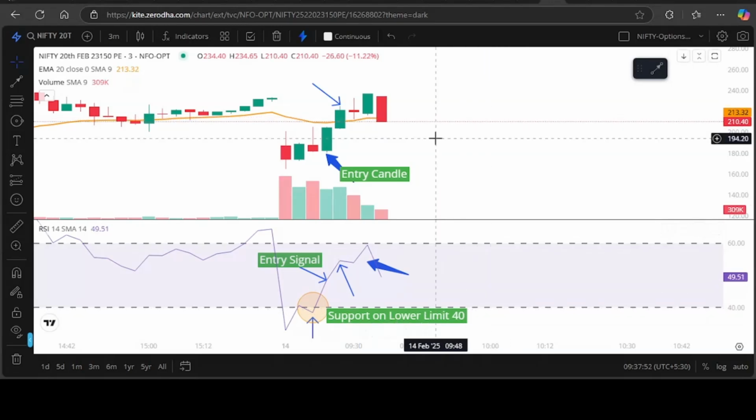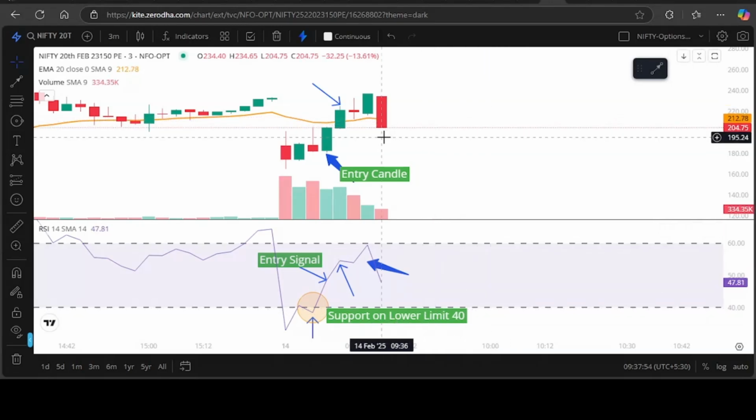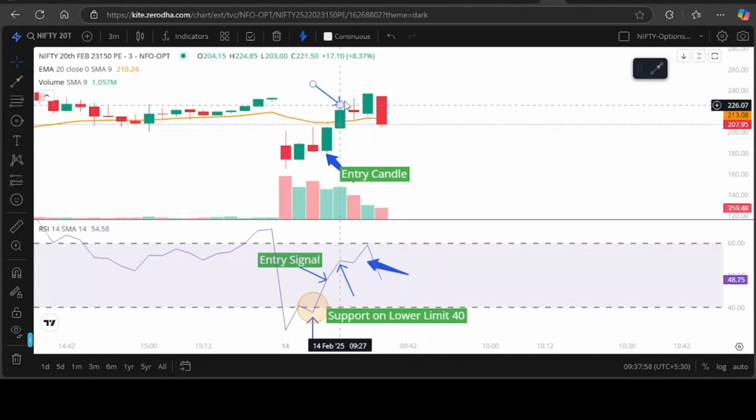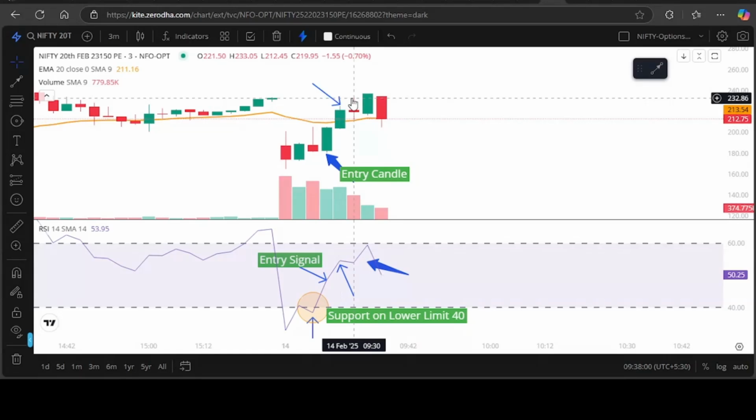Okay, perfect. So see, now the market is falling down. Now this doji here was the deciding candle, right? As we spoke, I've explained a few things about the doji and the trending candle.